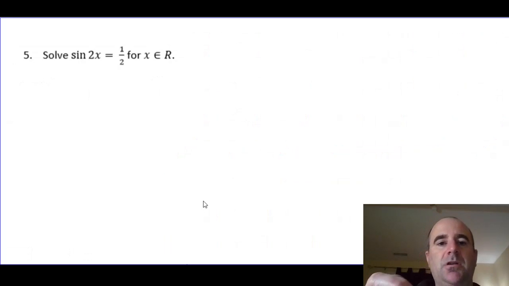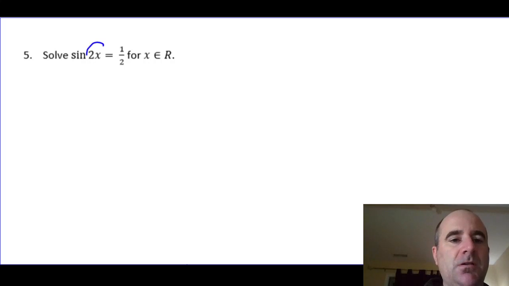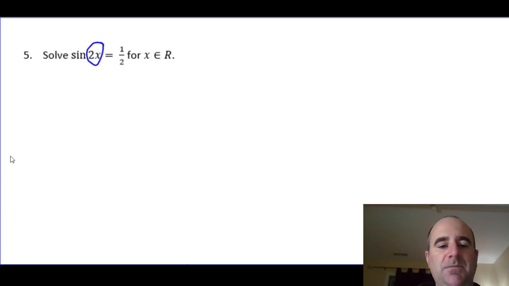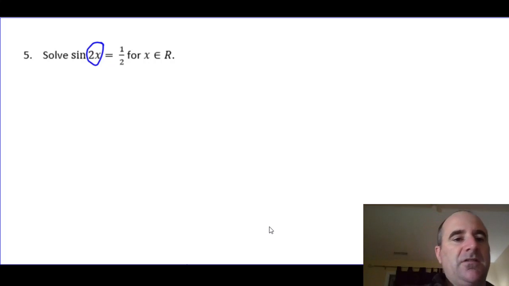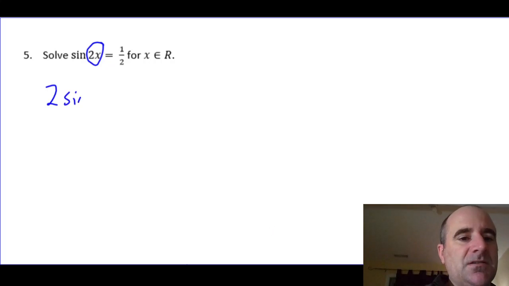Moving on to our next example, we're solving for the sine of 2x is equal to 1/2. So this is a bit different in that we've got that 2x right there. One thing that you might be tempted to do is to quickly take advantage of your double angle identity and say that 2 sine x cos x must be equal to 1/2.